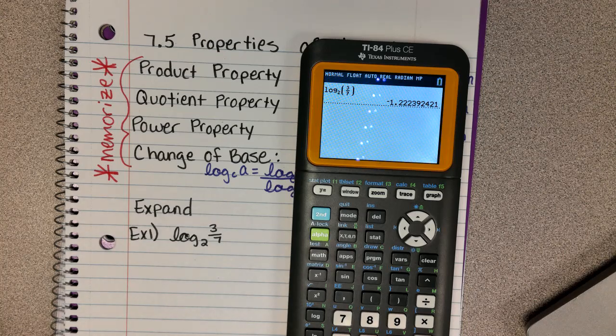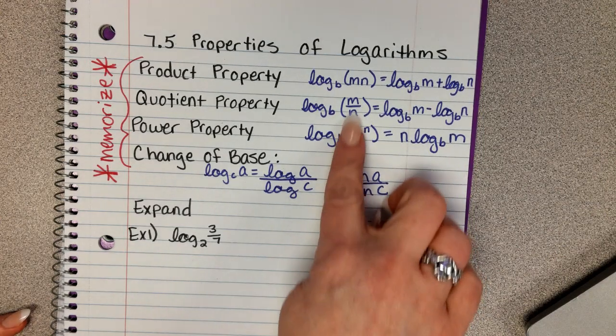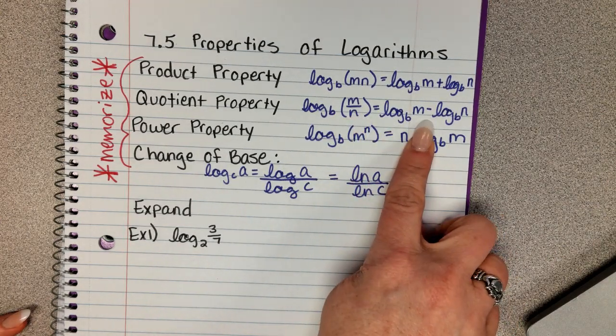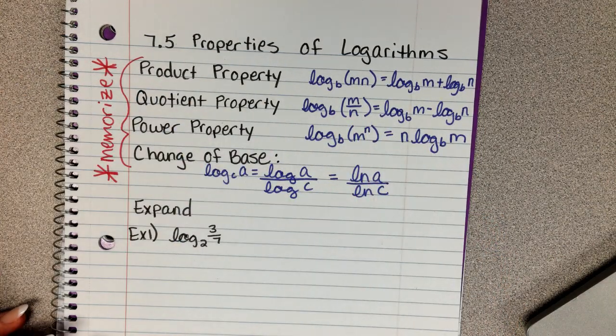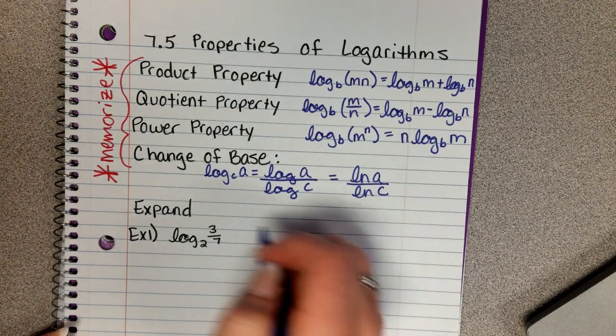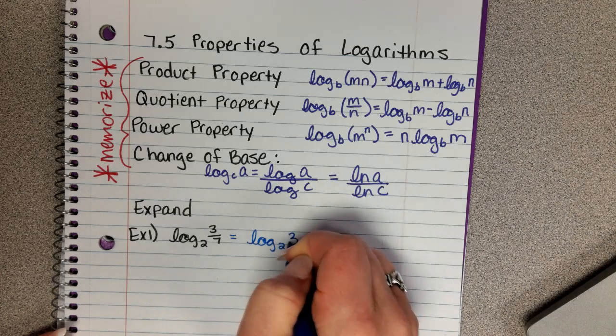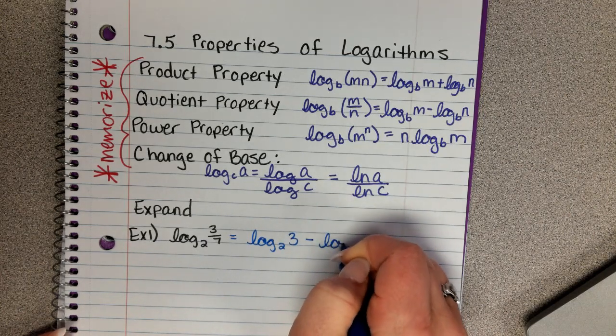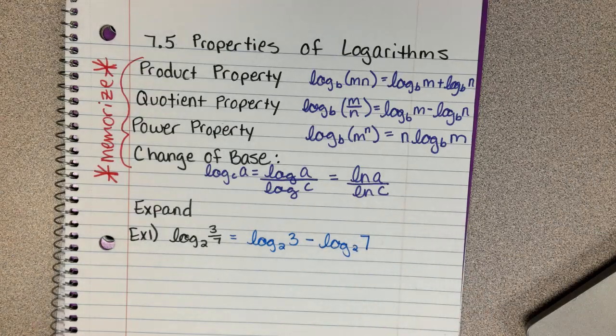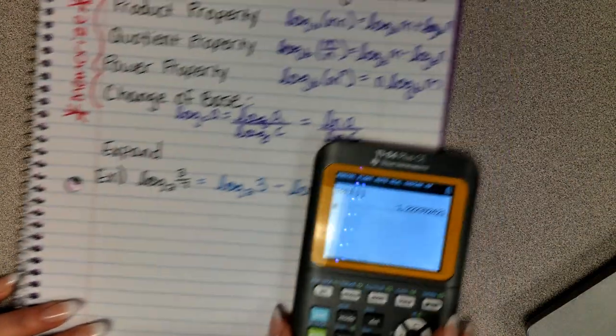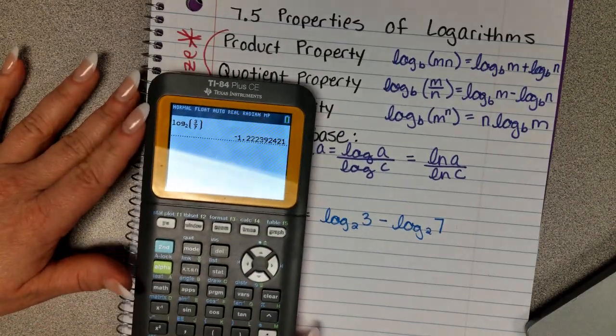Now I can expand this into two logarithms. This property of division allows me to expand this into two logarithms with subtraction. So this would be equal to log base 2 of 3 minus log base 2 of 7. And if you go in your calculator, you'll find that is the exact same value.